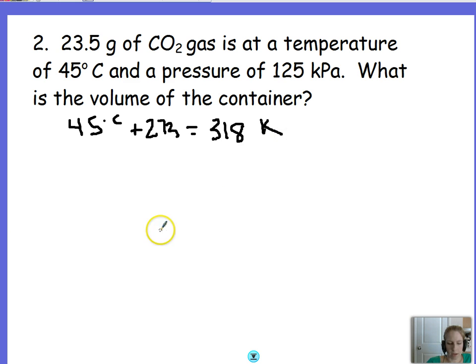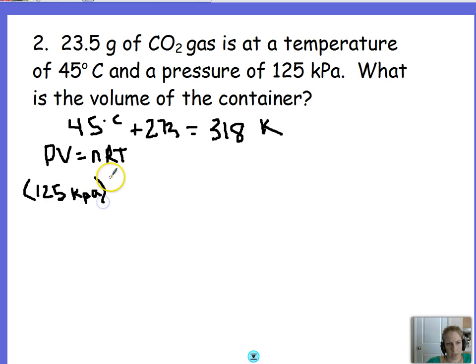Alright, so now we got that. We're going to use our PV equals nRT. And now we're going to plug in our values. So we have pressure of 125 kPa. We're looking for the volume.